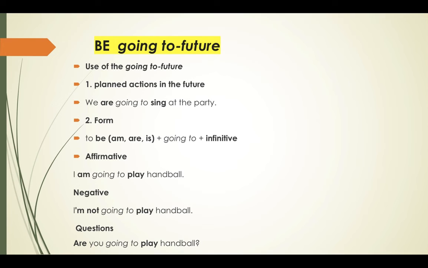So, the form. How are we going to form the be going to future? We form it with the verb to be in the present, am or is or are, plus going to, plus the infinitive of the verb.